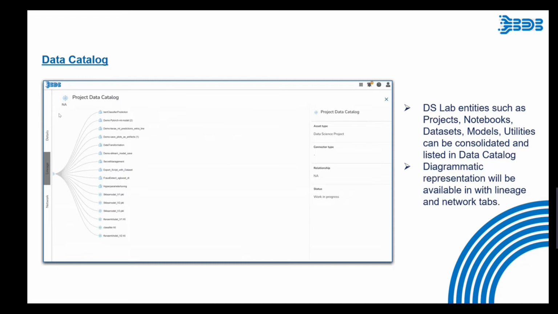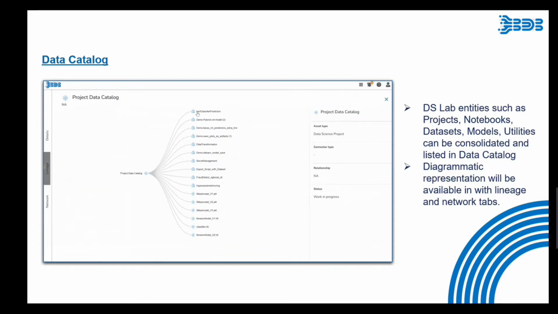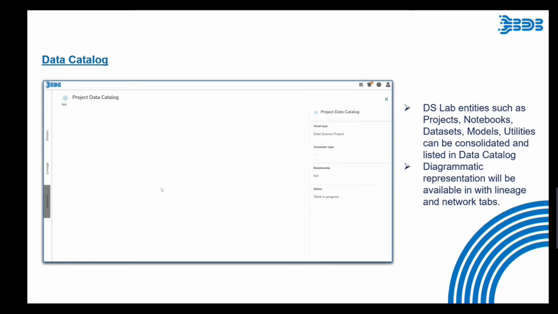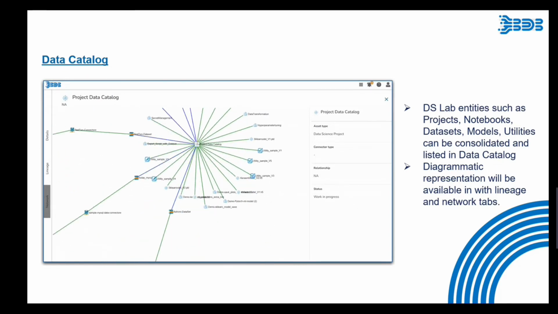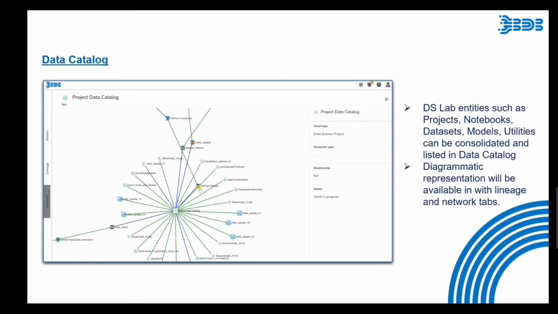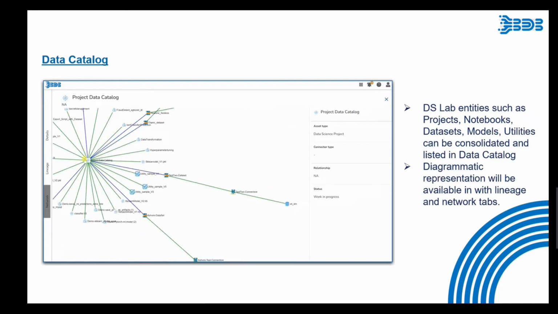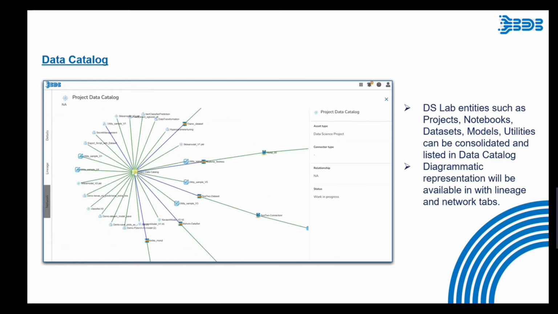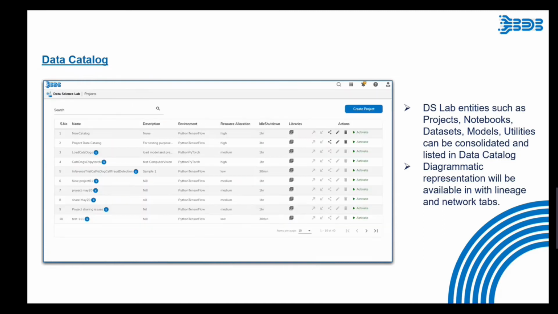So the project, as you know from the previous webinars that we had discussed, consists of several elements. It has notebooks, it has models, it has artifacts, it has data sets, and it has utility scripts. So many different elements are there. So data catalog gives me a graphical, pictorial representation of all the different elements that are associated with a particular project.